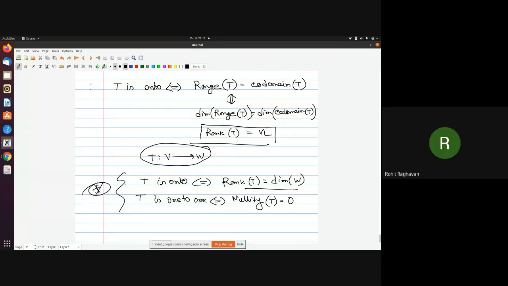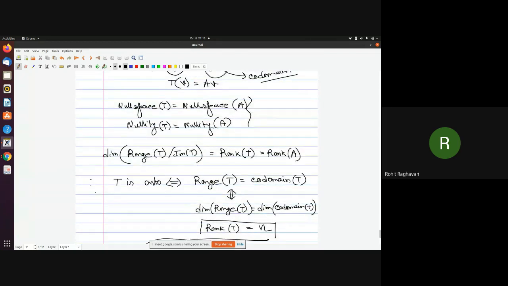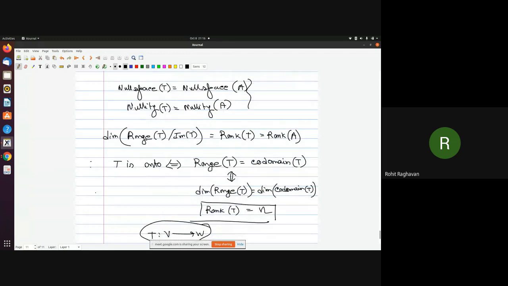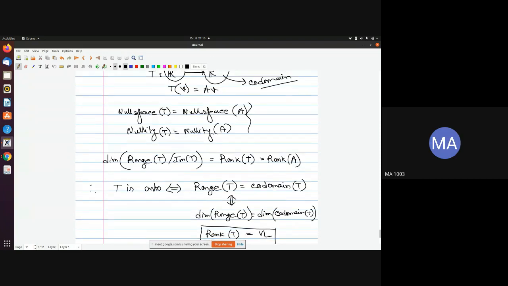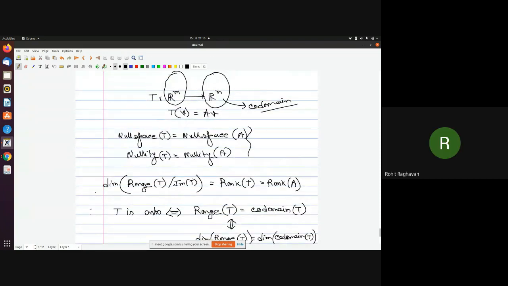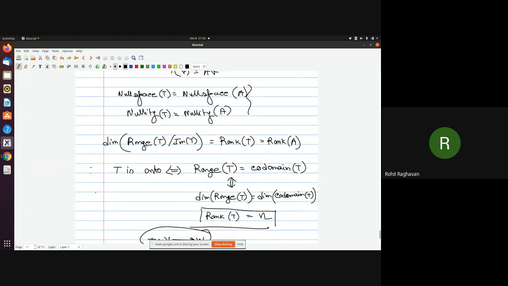In the onto definition, we get rank T equal to the dimension only if nullity is 0, right? Otherwise the rank-nullity theorem won't be satisfied; rank and nullity would add up to more than n, which is not allowed.